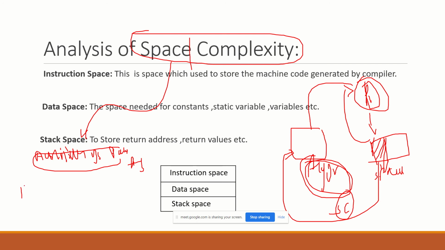Now assume that my algorithm A1 is executing, that is, it is present in the main memory. In this algorithm I used one variable called A. Concentrate on my words. A1 is executing in the sense it is in the main memory.